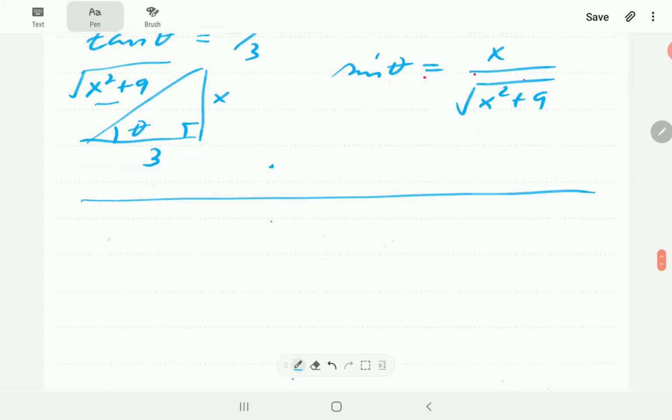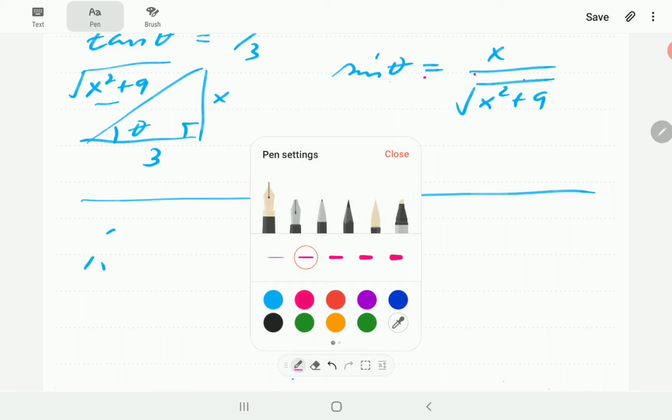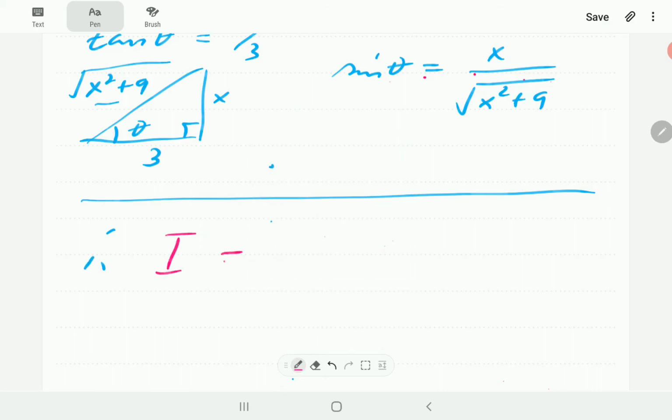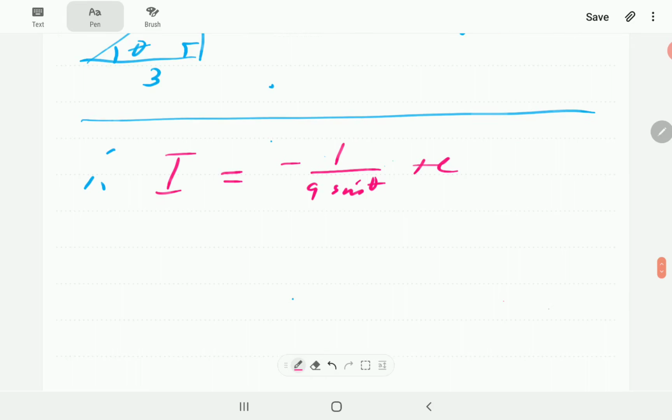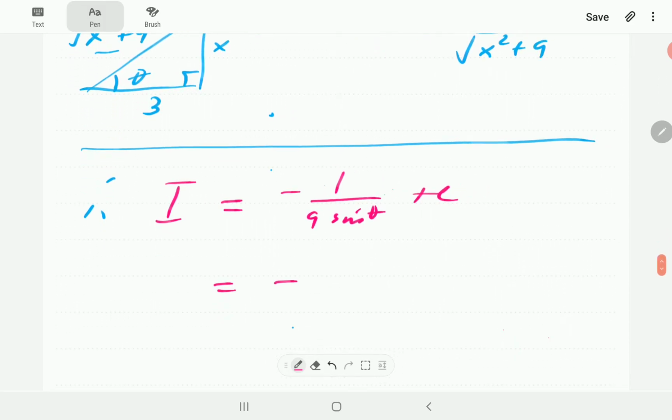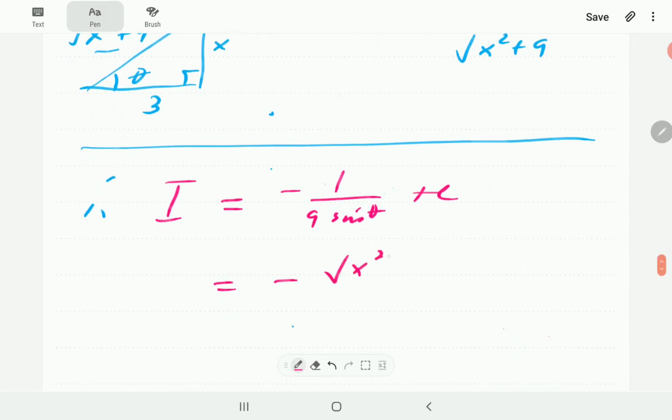So that tells us that our integral, which is minus 1 over 9 sine theta plus c, is going to be minus the square root of x squared plus 9 all over 9x plus c. So that is going to be our final expression.